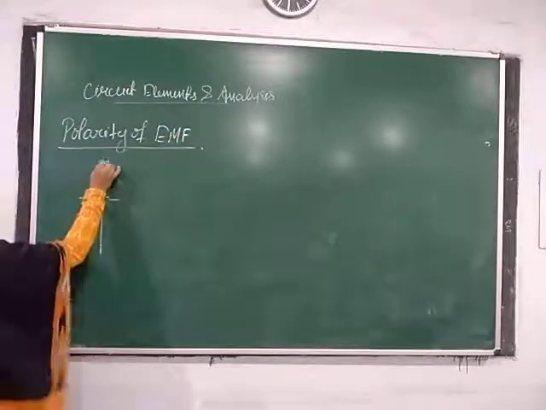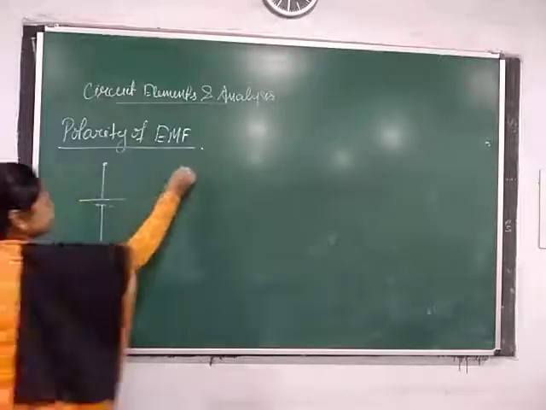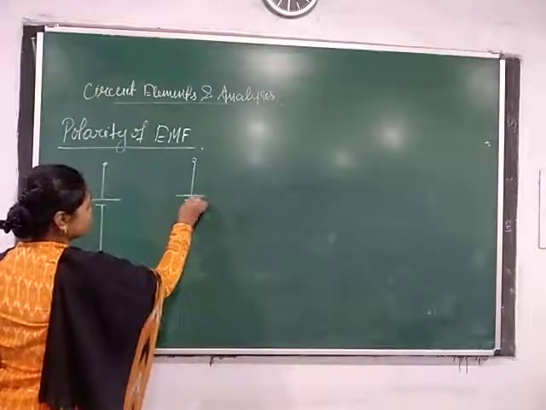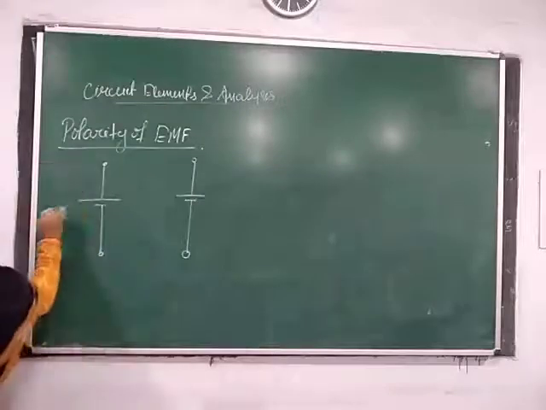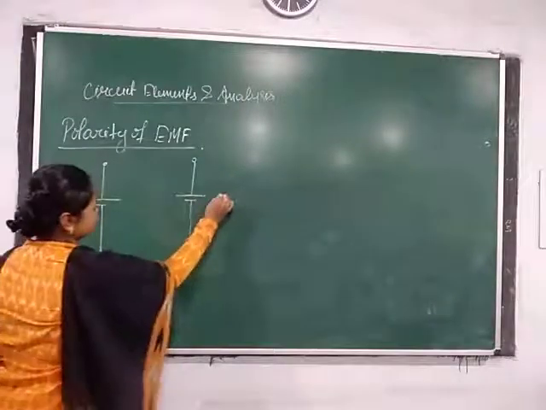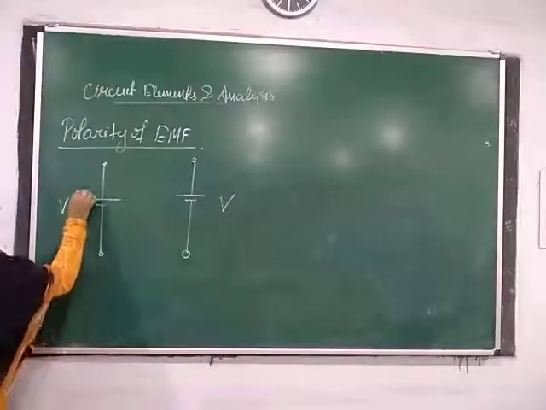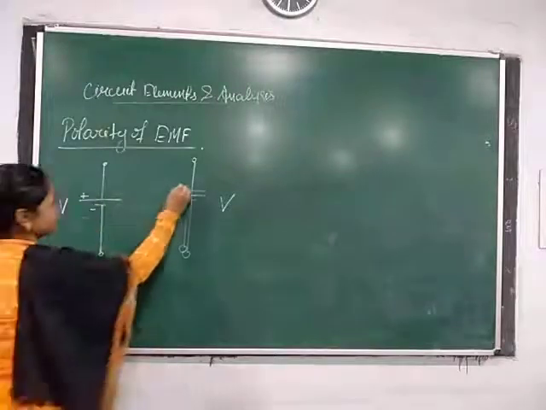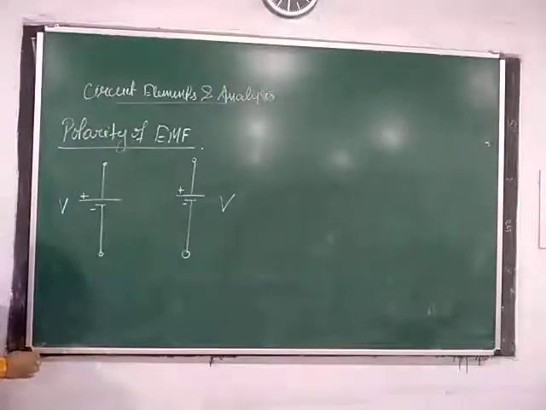Here I take the same type of battery, its voltage is V, it's also V. This is the positive terminal, these are the negative terminals.